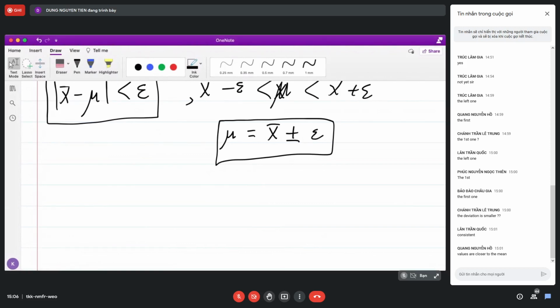Let's say, can we guarantee that x bar minus mu is less than 0.1?